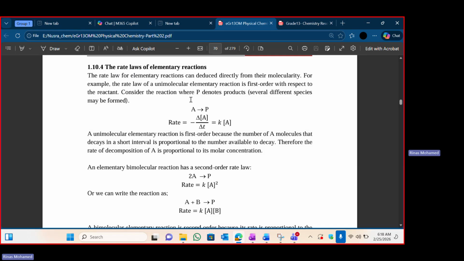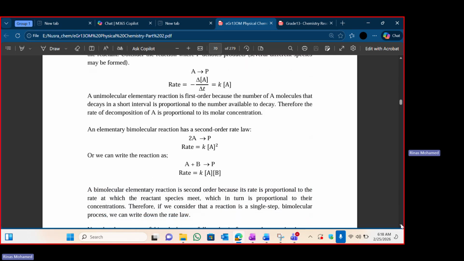That means this is an elementary reaction, so the stoichiometric number of A is 1, so R equals K into A, first order, right? Because this is an elementary reaction, and for elementary reactions we can write rate laws like that. The same amount as the stoichiometric mole will come as the rate order.